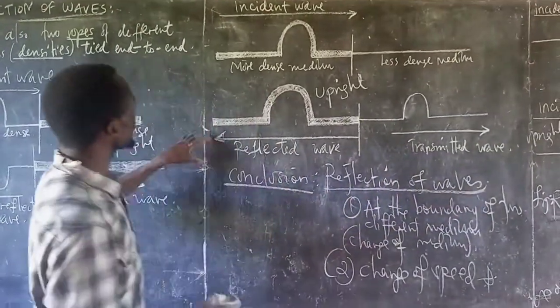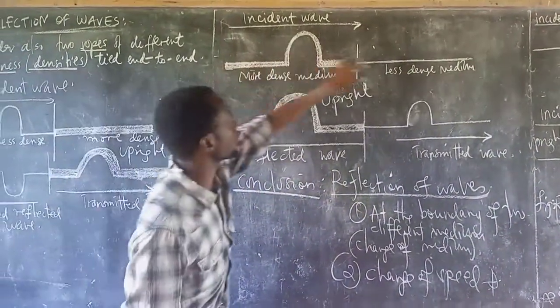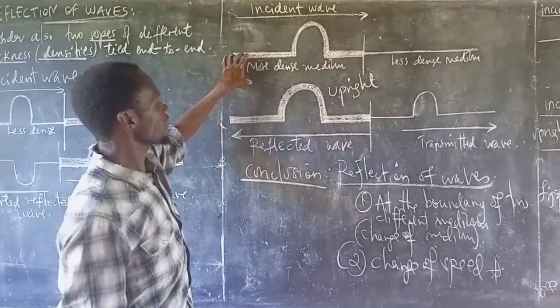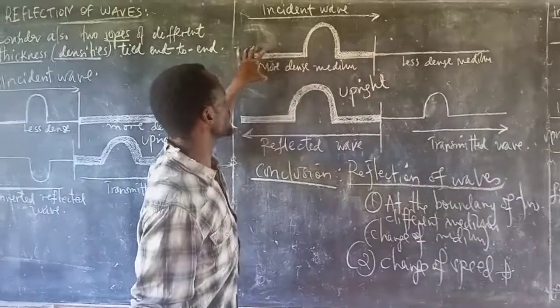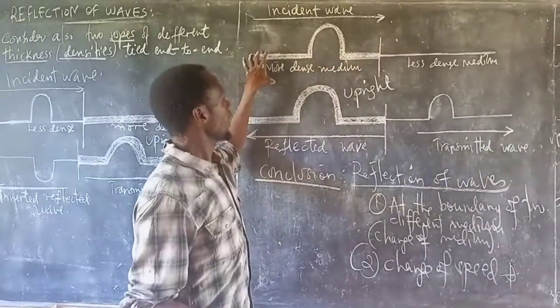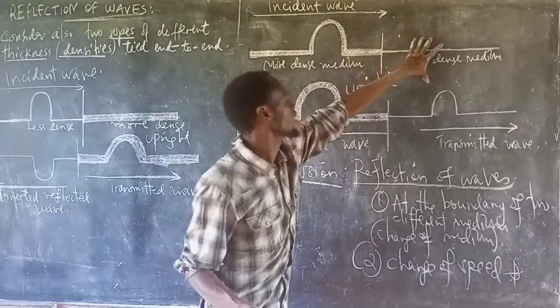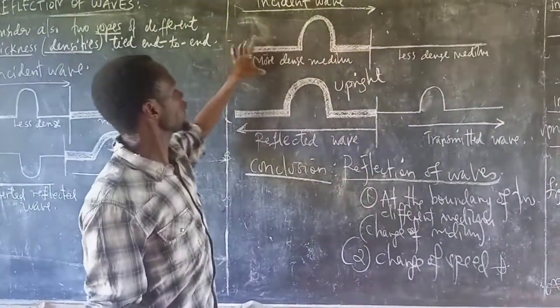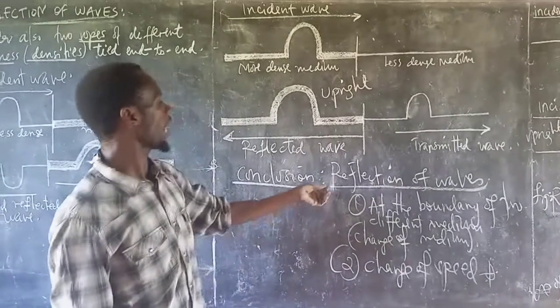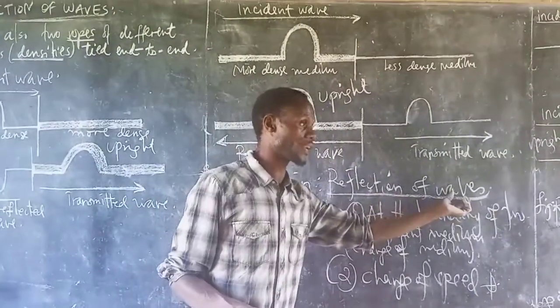That is why you can see here, these are two different mediums. Both of them have different densities. The difference in their densities gives the difference in their medium. If there is a difference in their medium, that is where we expect reflection of waves to happen.